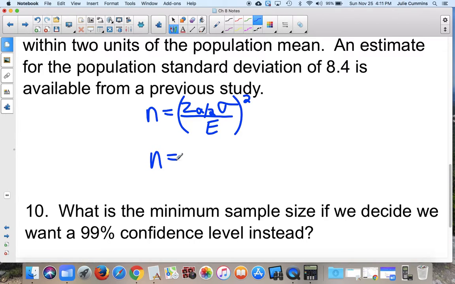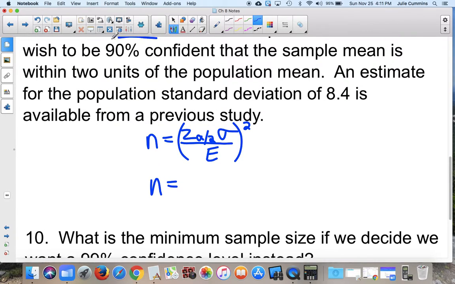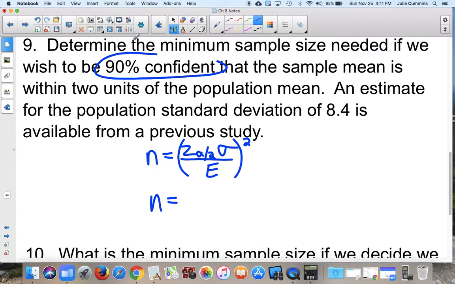Our critical value for z is going to come from this 90% confidence level. We go to our critical values of z on any one of those pages or on your yellow sheet. For a level of confidence of 90%, our z value is 1.645.